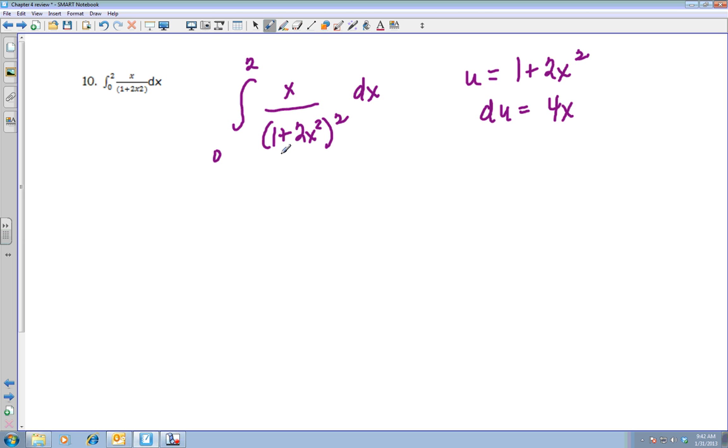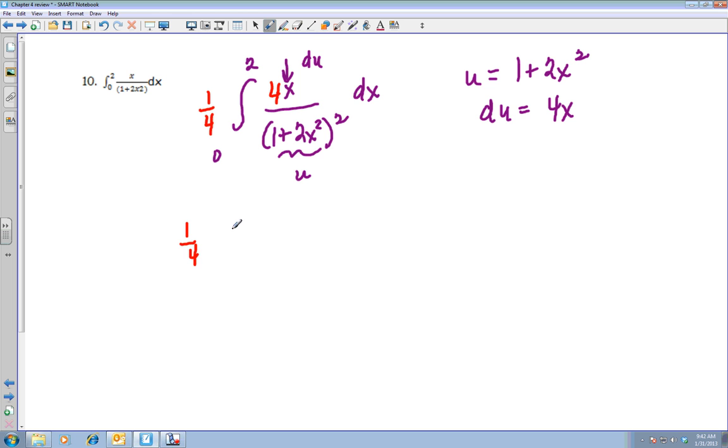So if this is my u, I have part of my du there, but it's missing a 4. So I can put my 4 there, but I need my 1/4 out in front to keep it even. So I'm going to rewrite my problem.